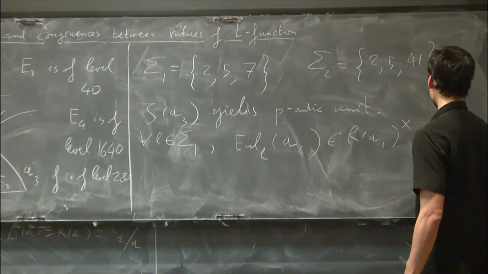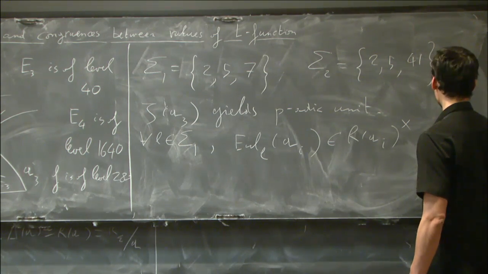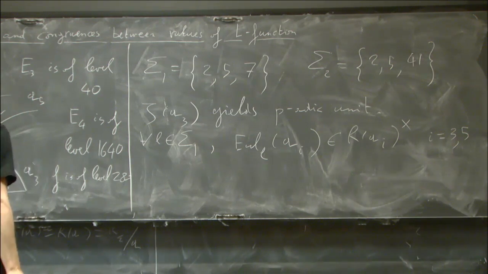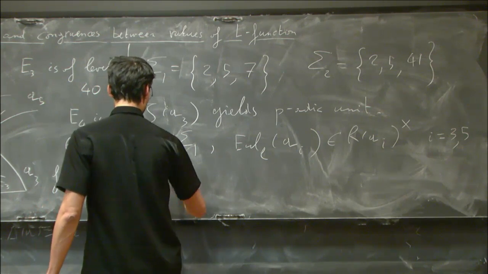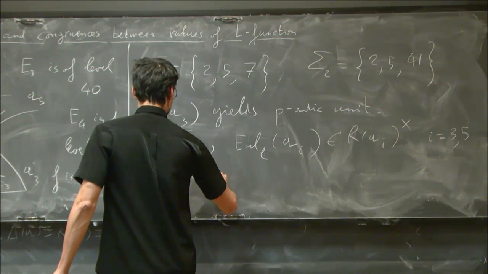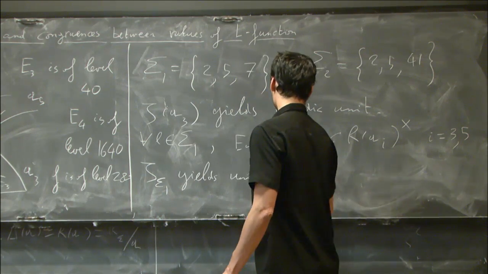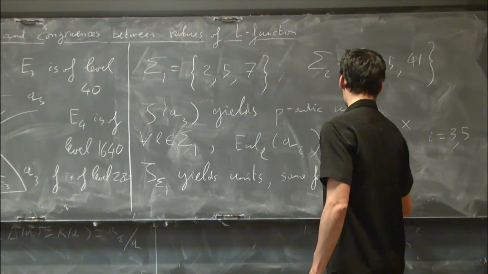And here i is equal to 3 or 5, I guess. So that would be A5. And so zeta Sigma 1 yields units, p-adic units. And same for zeta A5.